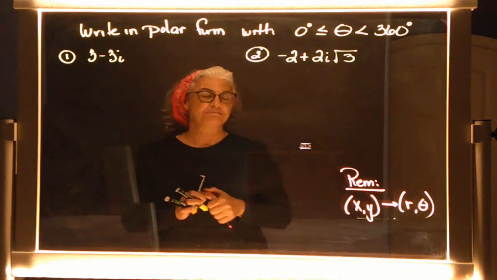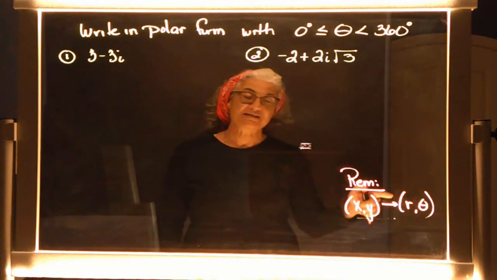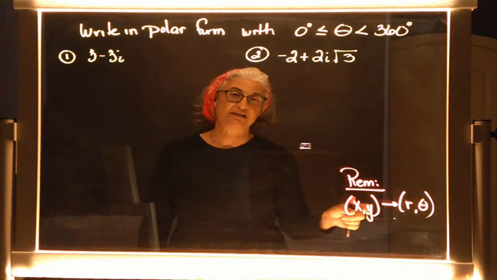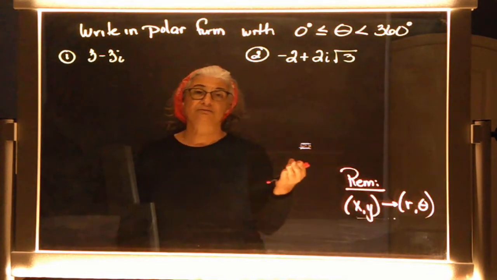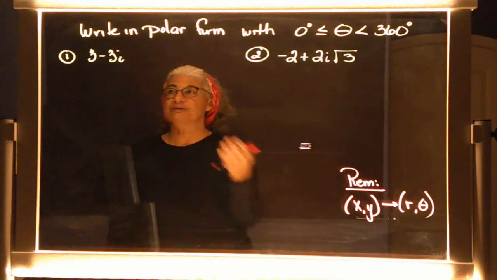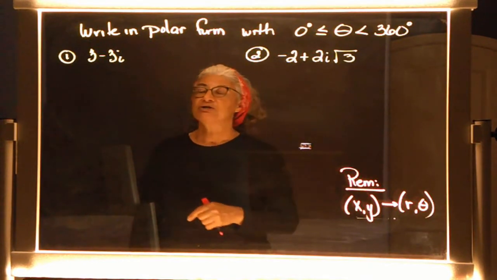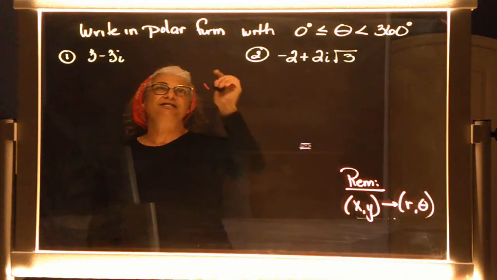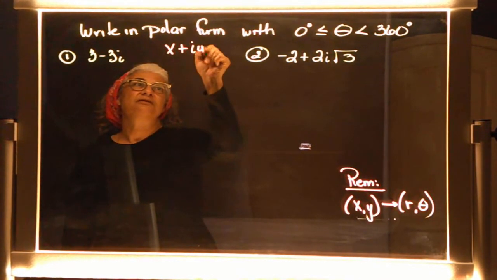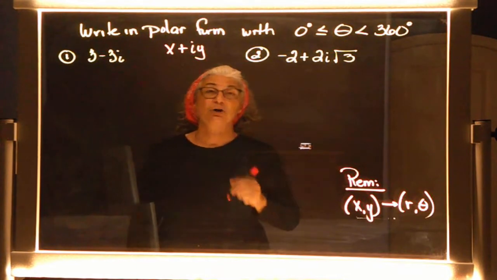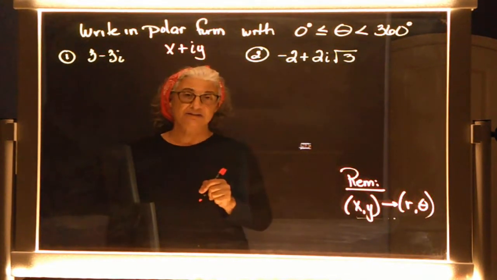So here's the thing. Just like over here when we start changing rectangular coordinates to polar form, the first thing we had to do was find r. Well, actually, the first thing we had to do was identify what we have here. So if you remember the definition said, take your complex number, right?